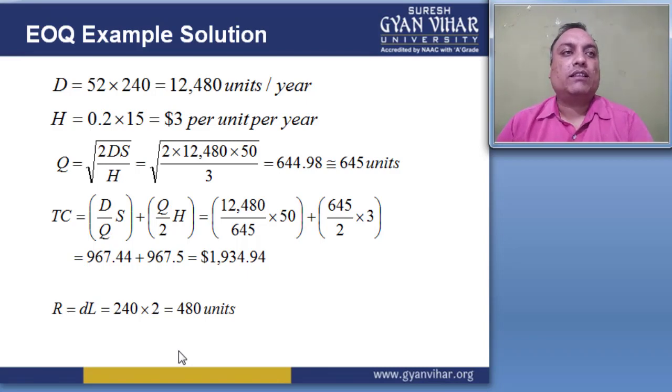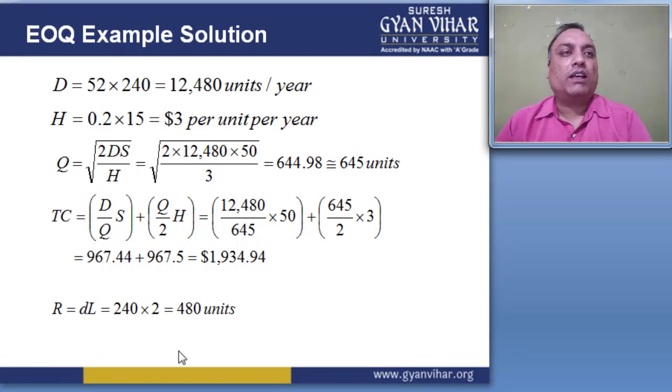This equals 644.98, which is 645 units. The total cost is D by Q times S plus Q by 2 times H, and you already know this formula for the total annual cost.